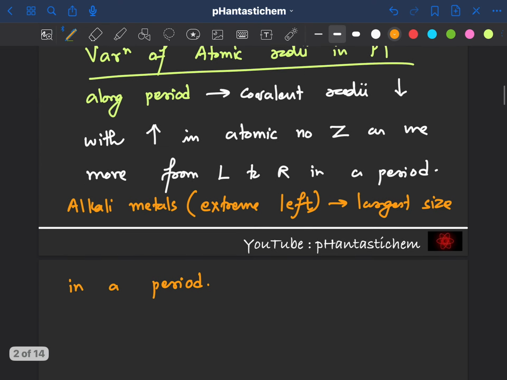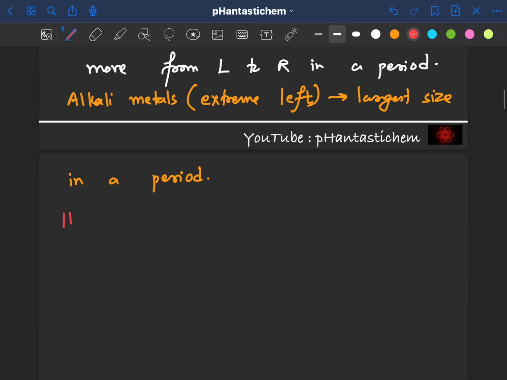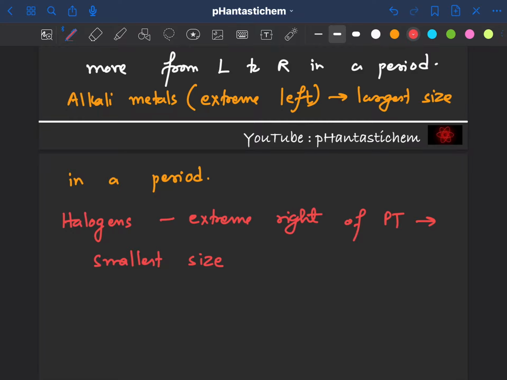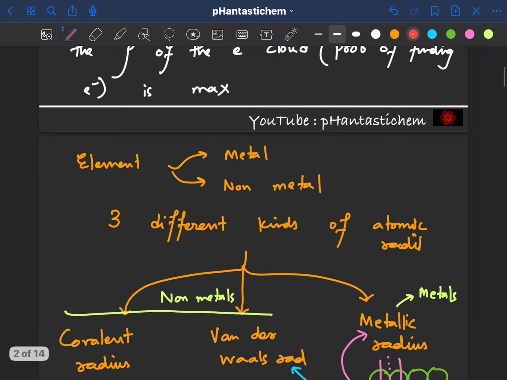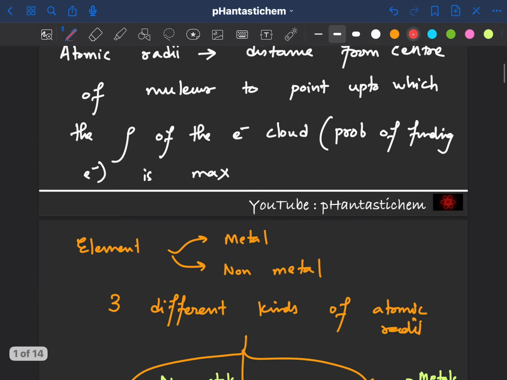And halogens, that is group 17, are located at the extreme right of the periodic table, so they will have the smallest size. Again, I am talking about covalent radii. Therefore bromine, in period 4, since it belongs to halogens, will have the smallest covalent radii.